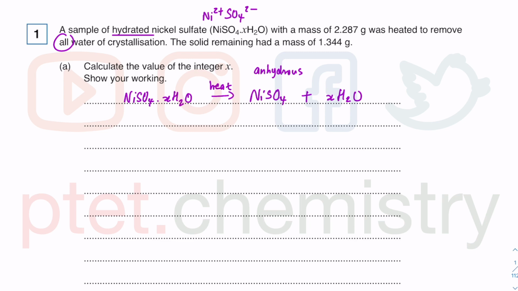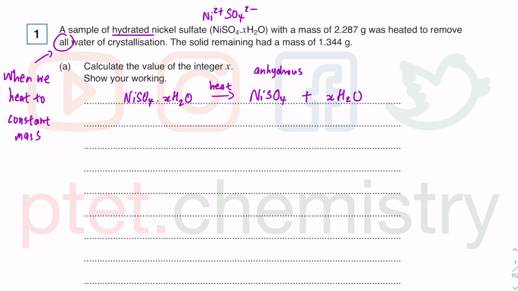The only way we can ensure that all the water of crystallization has been removed is to heat to constant mass. That means we keep monitoring the mass of the resulting solid in the crucible, weighing it, until the mass becomes constant as no more water of crystallization gets given off.